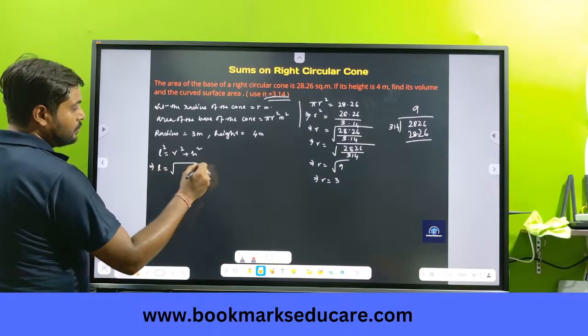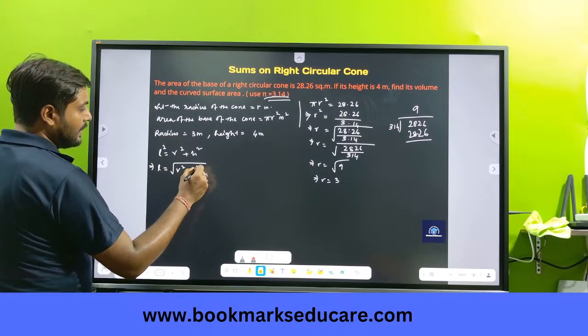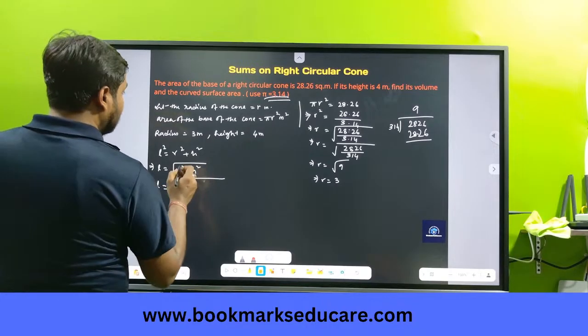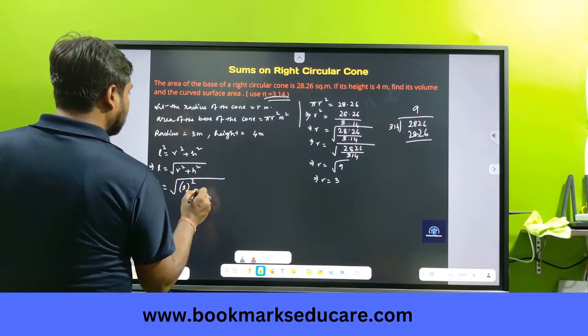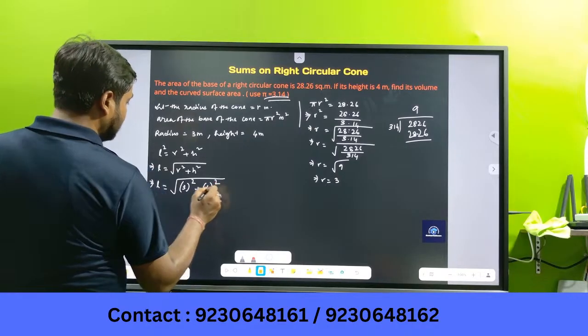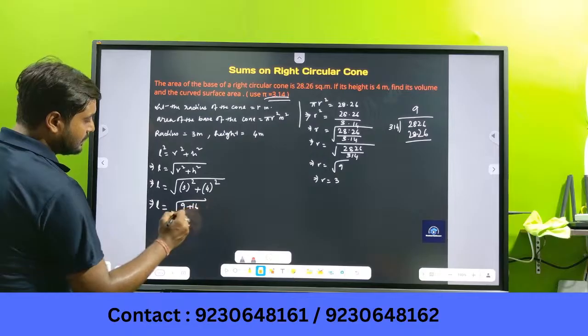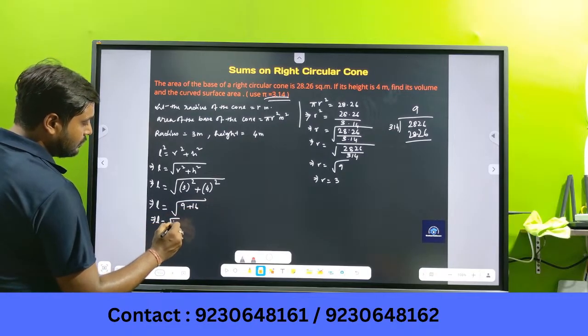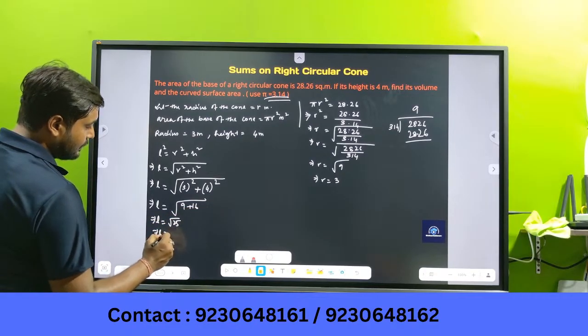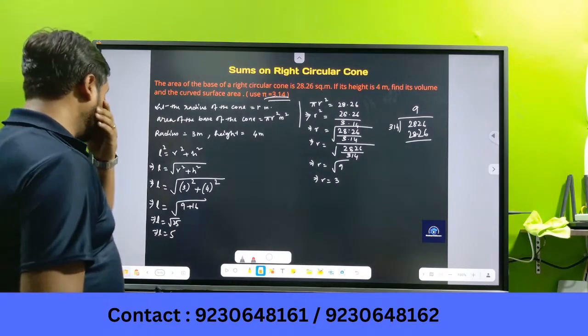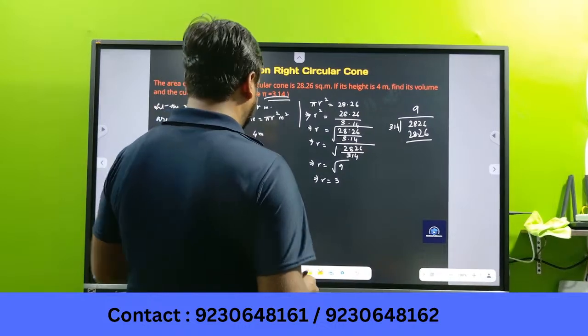So L equals to root over of R square plus H square. L equals to R is here 3, 9 plus 16. So L equals to root over 25 and L equals to 5. So the slant height of the cone is 5 meter.